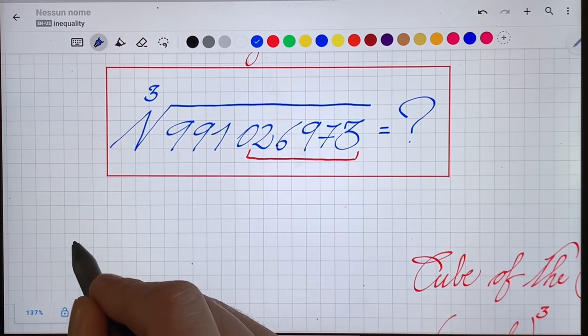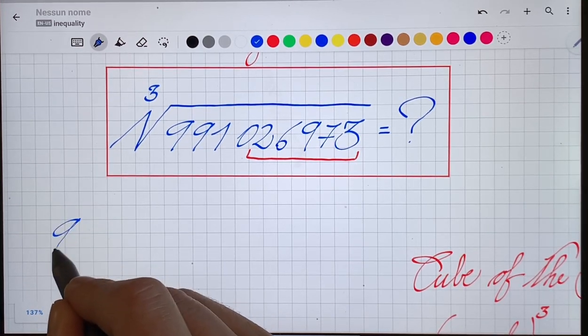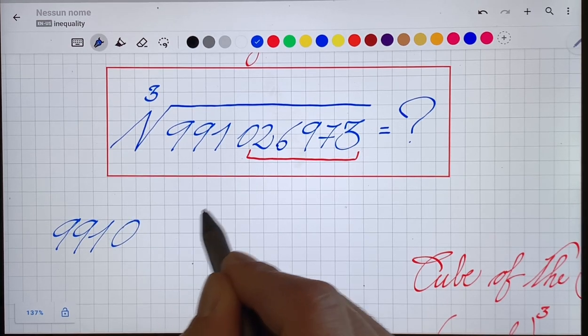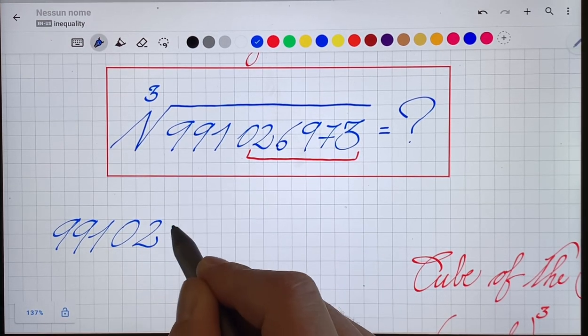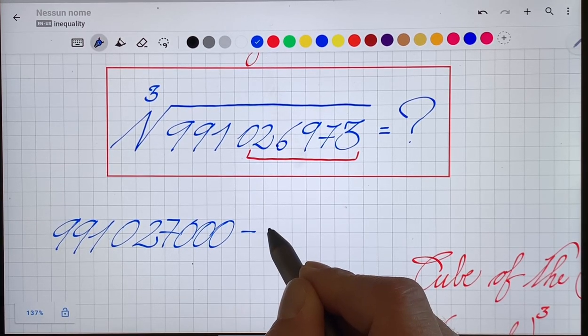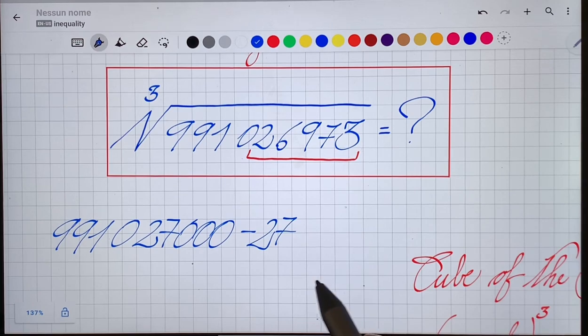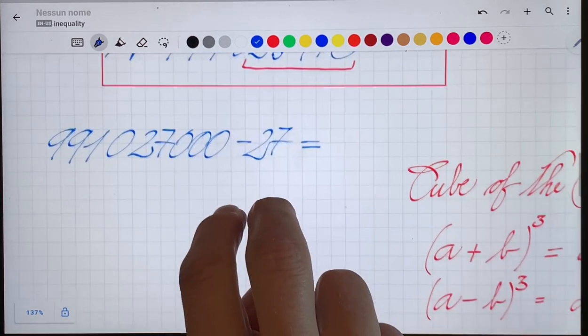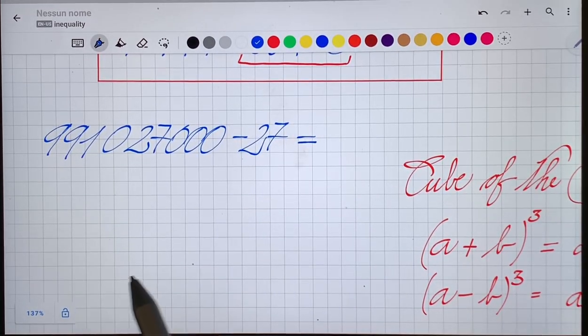So I'll write this number as 9, 9, 1, 0, and then 27,000 minus 27. If I do this operation, I will get this number.